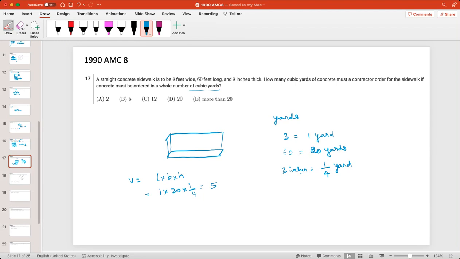So it's 3 inches, right? This 3 feet is 1 yard. So I have only 3 inches. So this is not 1 by 4. This is 1 by 12, right? That's an error I made. So let's correct it. Because if it is 3 inches for 1 yard, it will be 1 by 4. But we have 3 yards, right? So it's 1 by 12 of a yard. So here you are going to get 1 by 12.